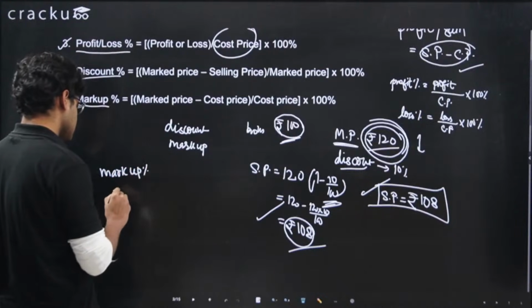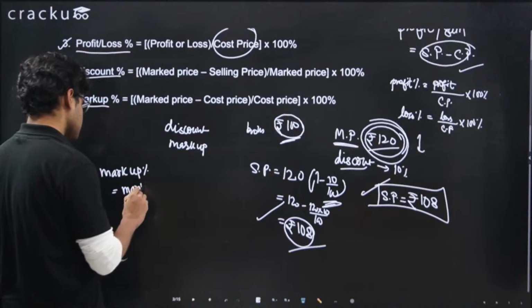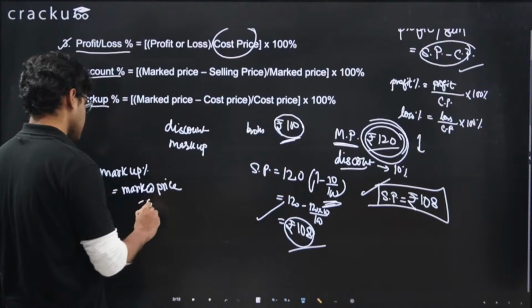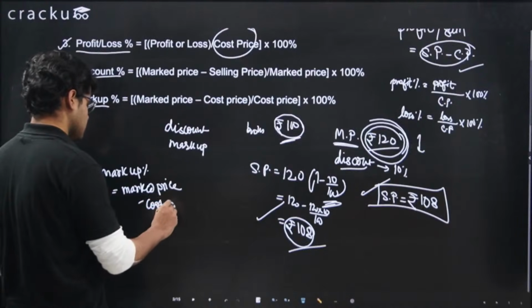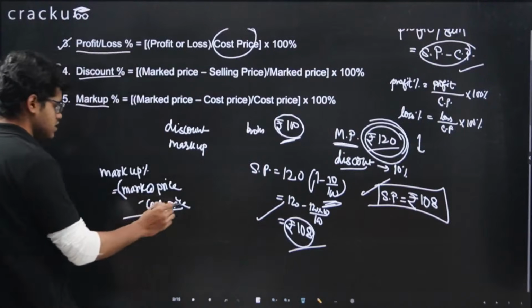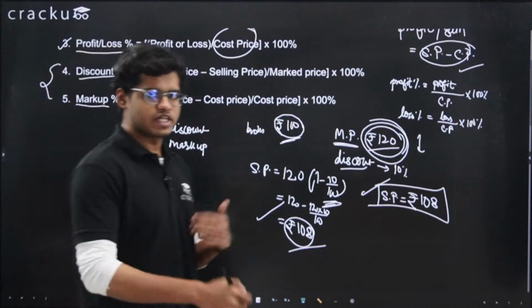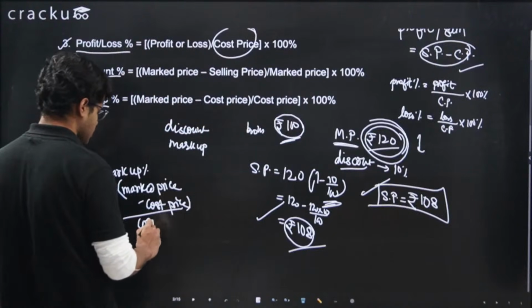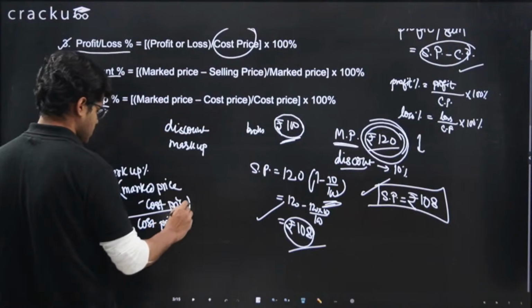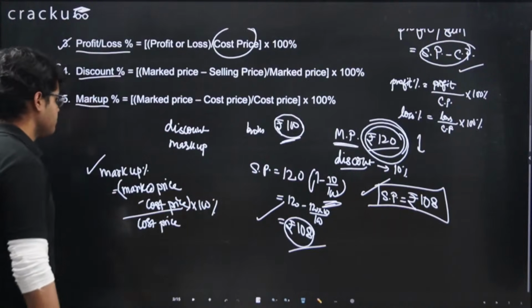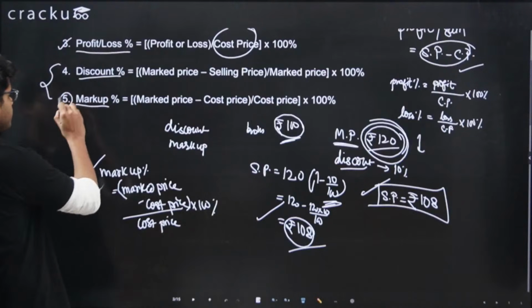Markup percentage is marked price minus cost price. The marked price minus the cost price means how much value we have increased the cost price by, divided by our original cost price into 100. This is markup percent. This is formula number 5.